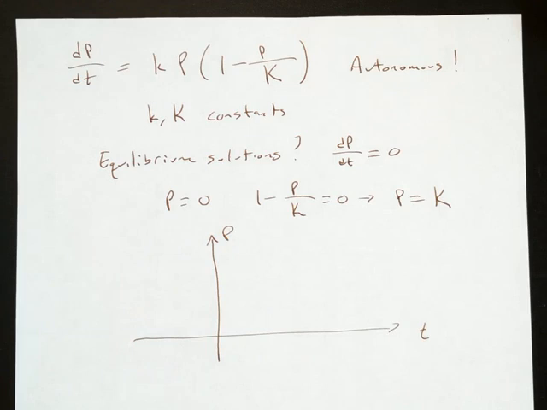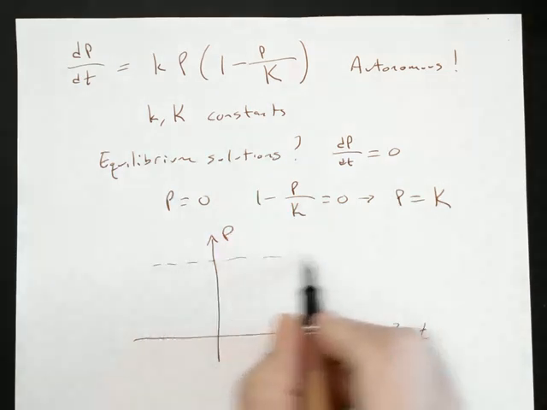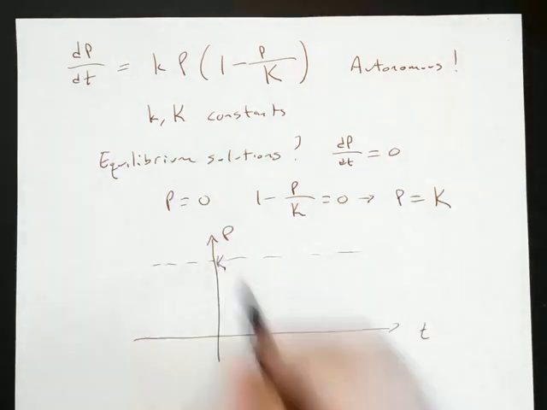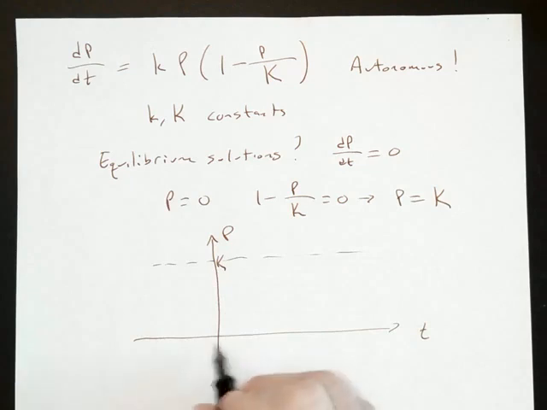I am going to make a dramatic assumption that K is a positive number. That'll put it up here somewhere. And now the question is, what's the slope field look like? Now, if we picked some numbers, we could actually draw this on the computer.